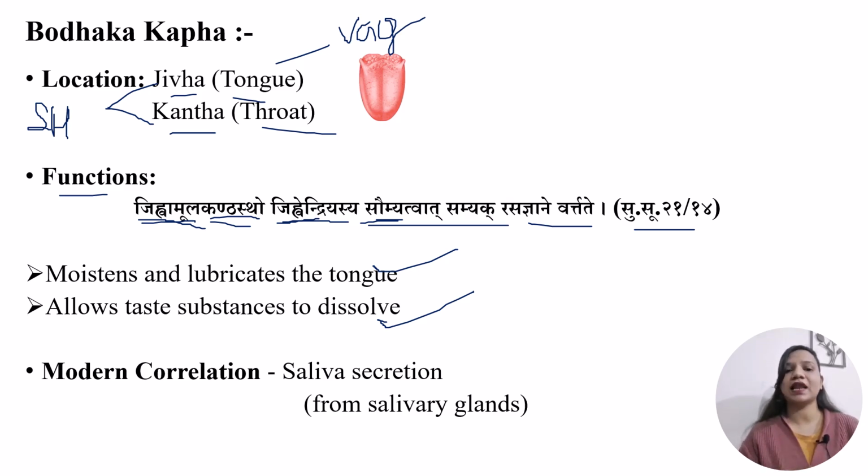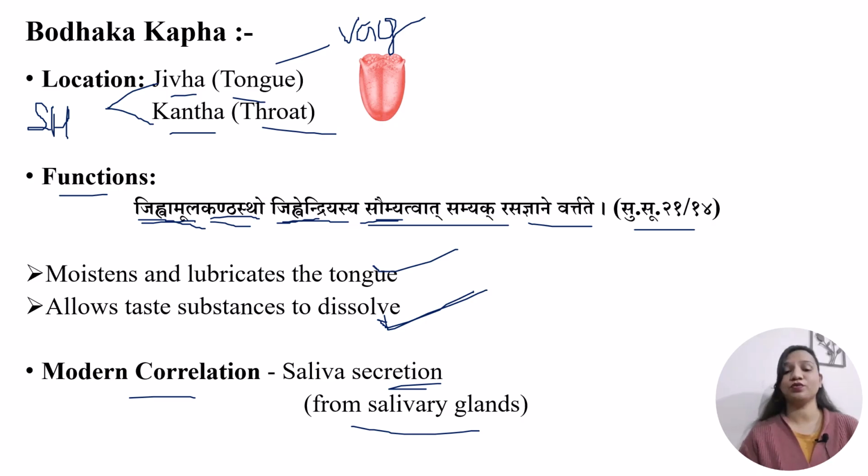So adequate saliva is essential for this process, and if the ingested food is properly coated by the saliva, the normal taste sensation happens, and continuous taste perception during chewing is also performed. So for this function, Bodhak Kapha is very necessary, and by modern correlation we can understand it by saliva secretion from the salivary glands.